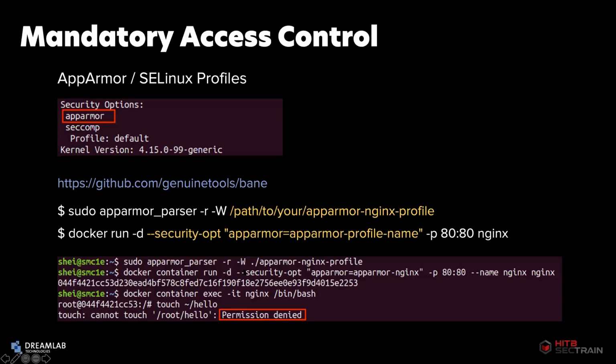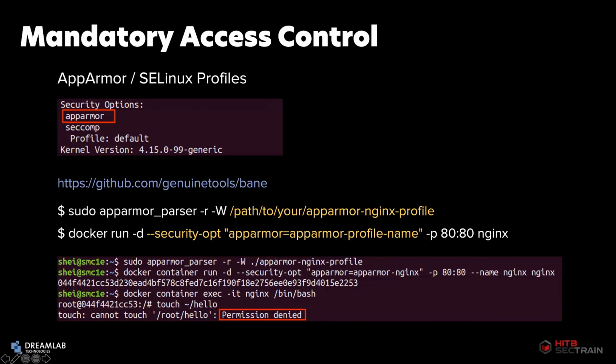Then you can use the AppArmor parser to load it in your system, and then you can run an Nginx container applying the AppArmor profile. Here we can see in the screenshot that if I get a shell inside the container and try to create a file, using touch hello, for example, it says that I don't have permission to do it.